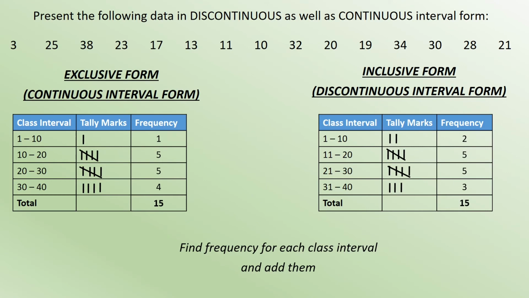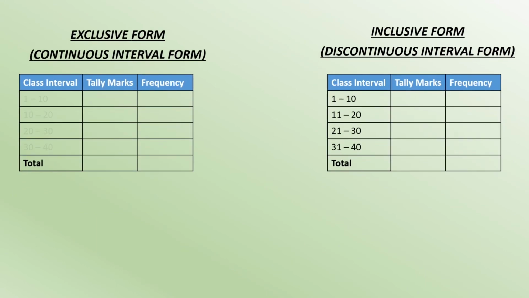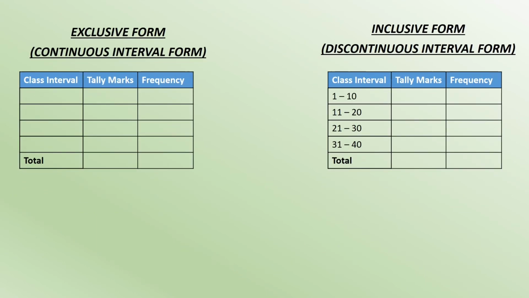Now there must be a question in your mind: how can we convert a discontinuous interval form into a continuous interval form? Yes, there is a method to convert discontinuous class interval form to the continuous form in the same example.